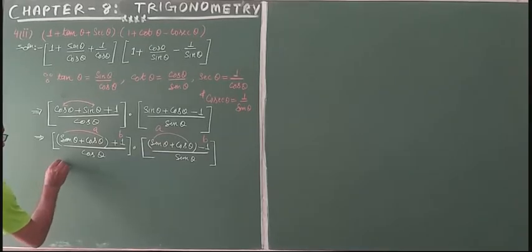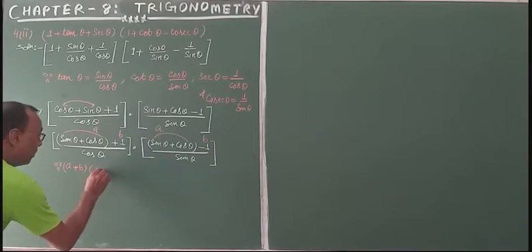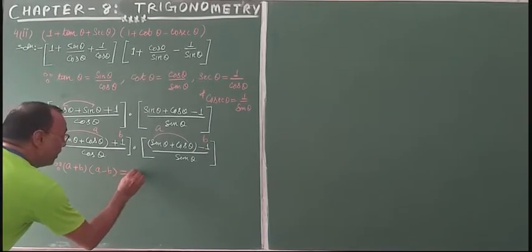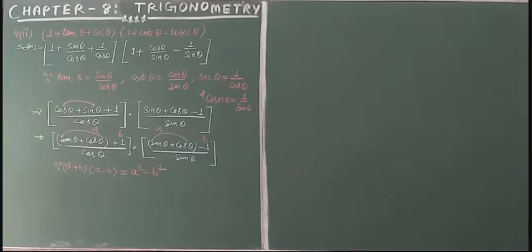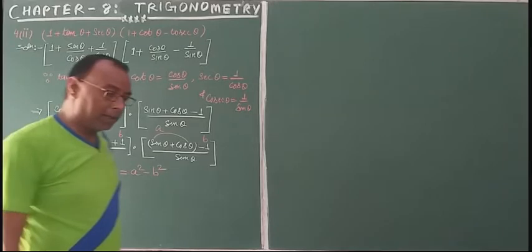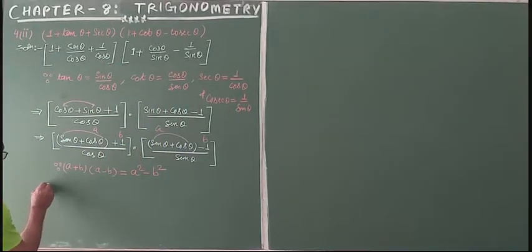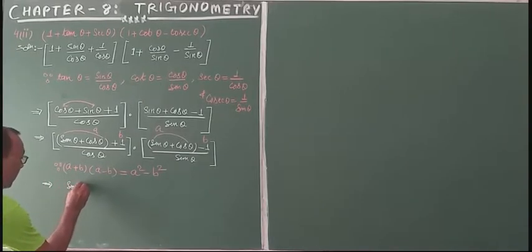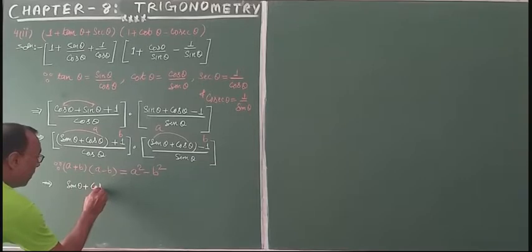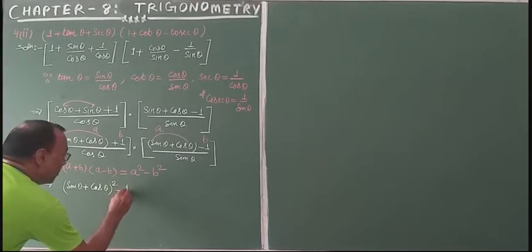Since A plus B into A minus B is A square minus B square, when we solve the numerator we get (sin theta plus cos theta) whole square minus 1.